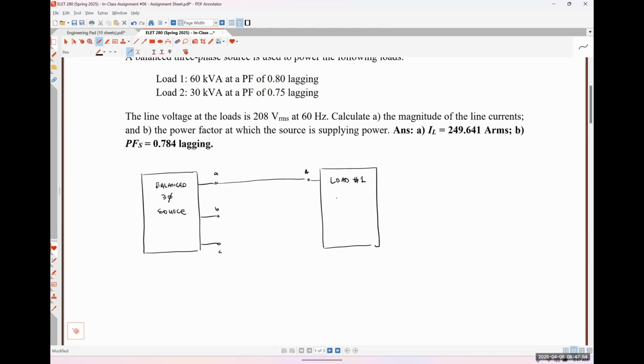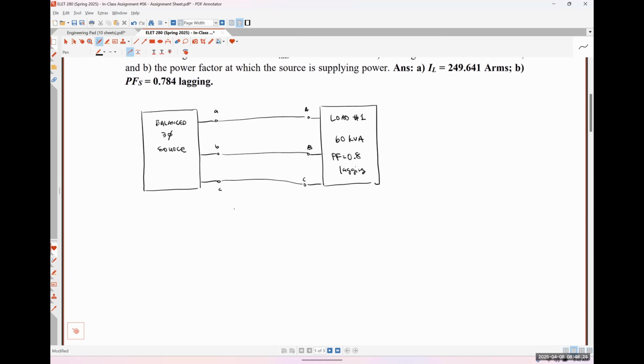We are told that it draws 60 kVA at a power factor of 0.8 lagging. Here's terminal B. Here's terminal C. I'm going to connect these together. I'm just connecting them with wires because we aren't told of any transmission line impedance to worry about. And then my second load, I might put down here.